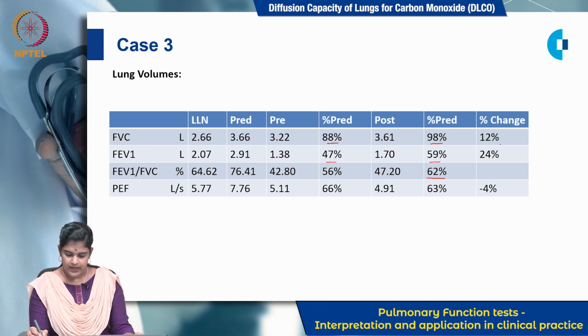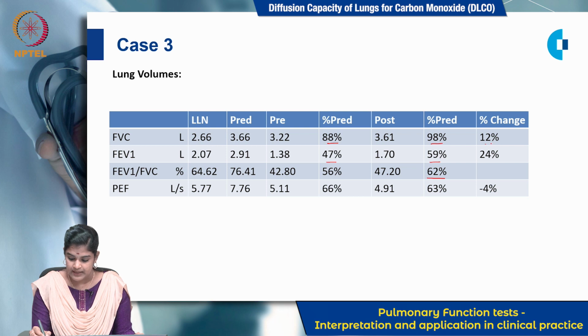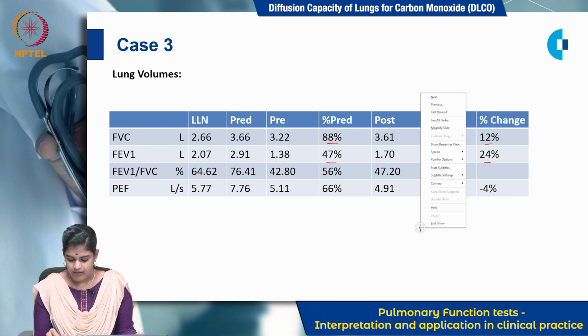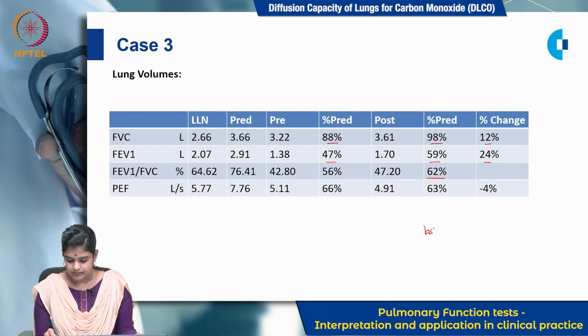Let us look at the percentage change. It is 12% and 24% in FEV1. So this is an obstructive disease with significant BDR.